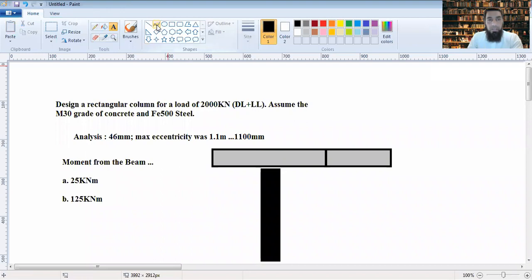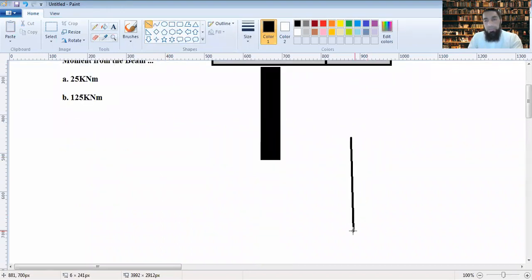That means when I'm talking about the moment from the beam, this is the column that you have, and then there is a beam, and there will be a certain amount of moment transferred from the beam.